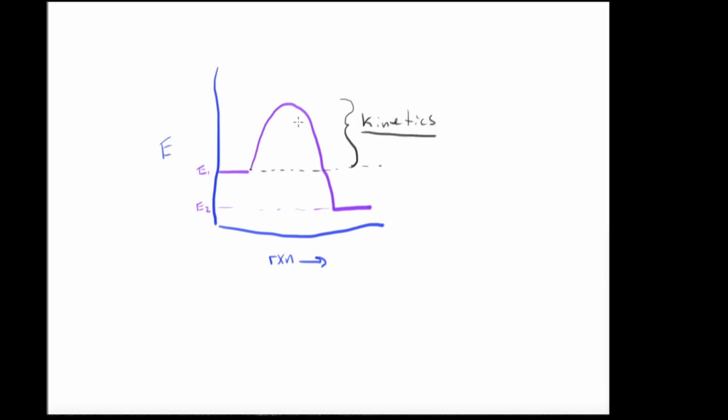not thermodynamics. And we have where we're starting with the reaction, the reactants, and this point right here is what we call energy of activation. This is the energy required to activate the reaction. And where is that putting us? So where that is putting us is at the transition state.